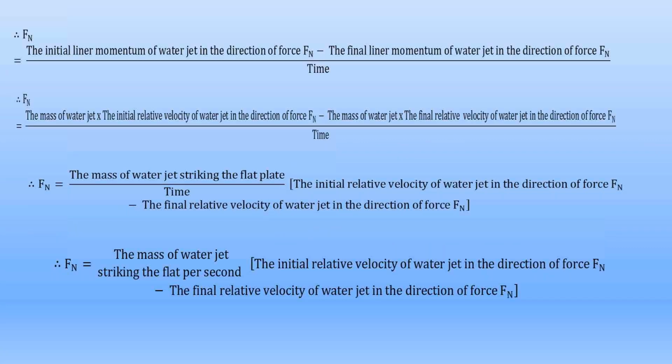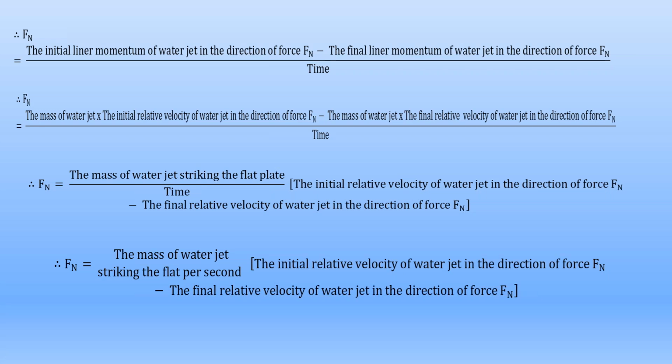Check out the right hand side. Therefore, Fn is equal to the initial linear momentum of water jet in the direction of force Fn minus the final linear momentum of water jet in the direction of force Fn, divided by time. That is the rate of change of linear momentum.